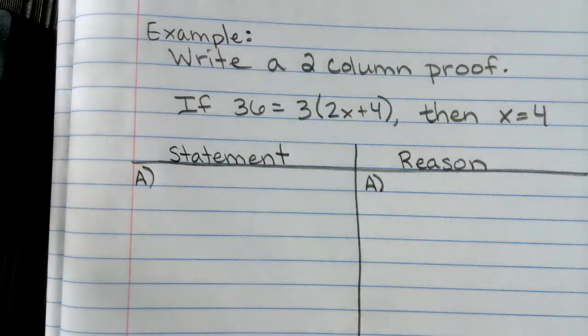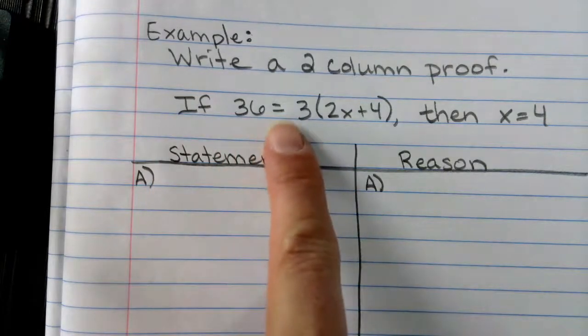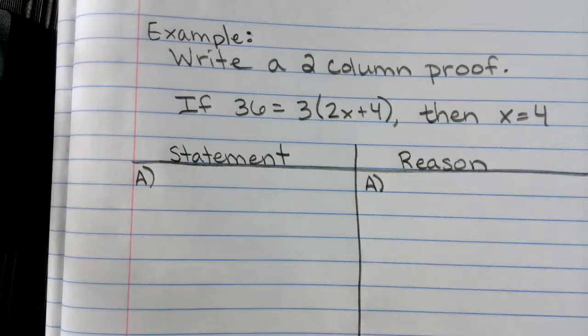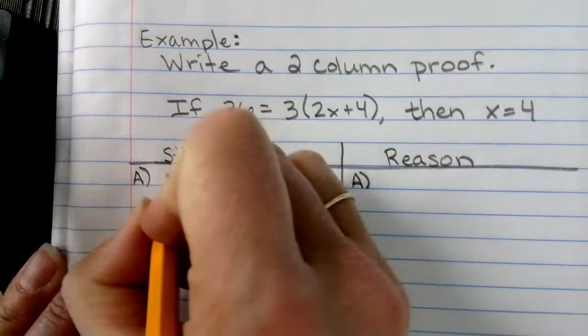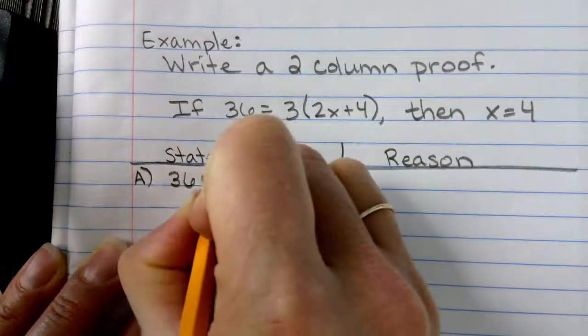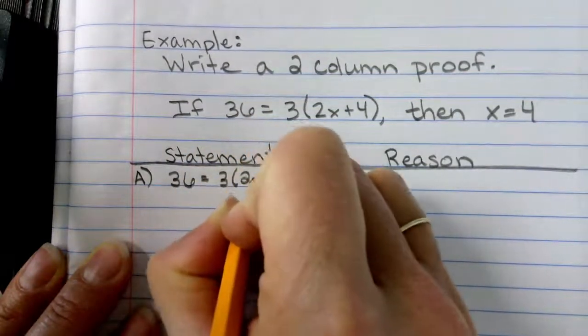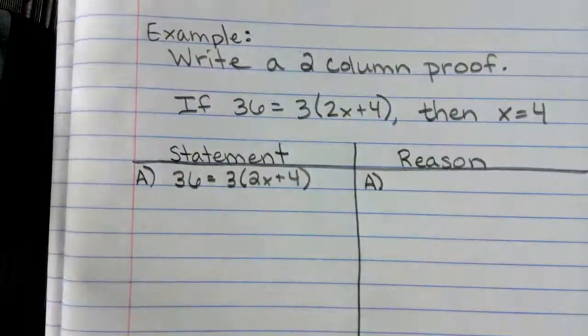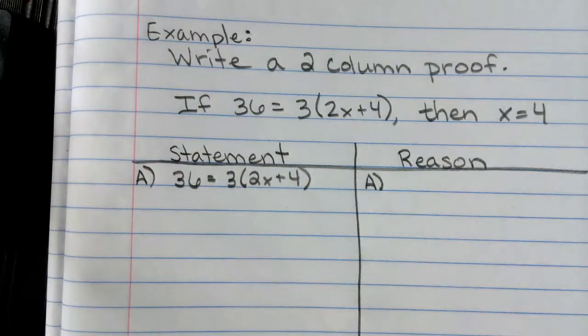All right, so we were already told if 36 equals 3 times the quantity of 2x plus 4. So I'm going to write that down. Now, have I done any math with this yet?